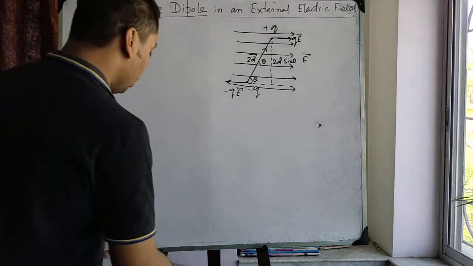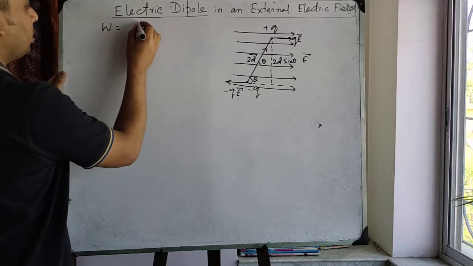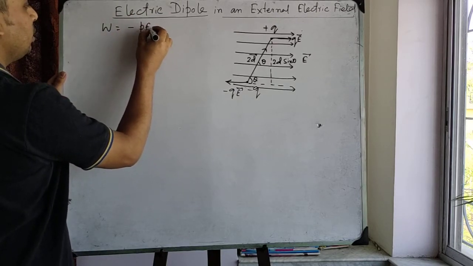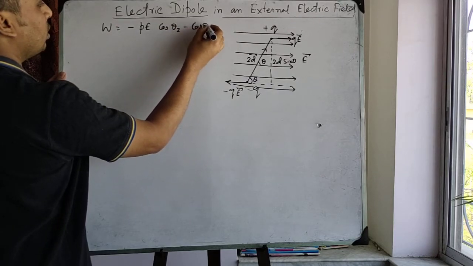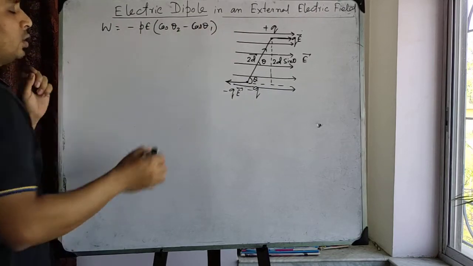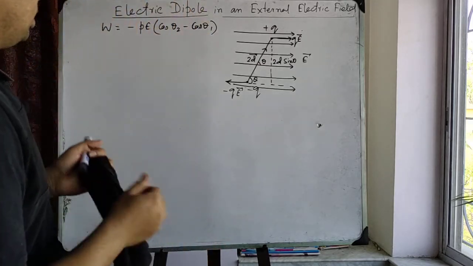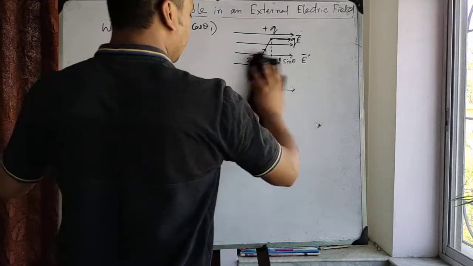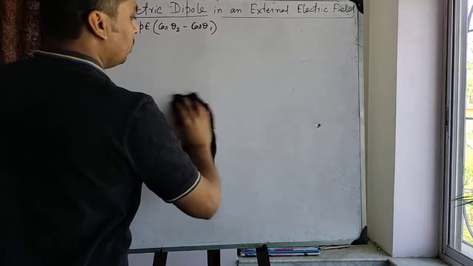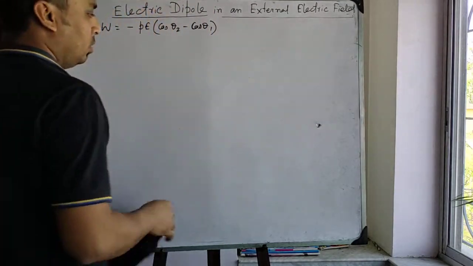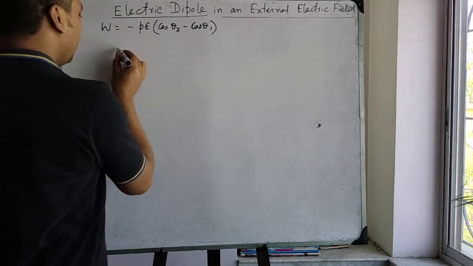Okay, so we have the work done equal to minus P E, cos theta 2 minus cos theta 1. Cos theta 1 was the initial angle and theta 2 was the final angle. Now, what is the most unstable position?